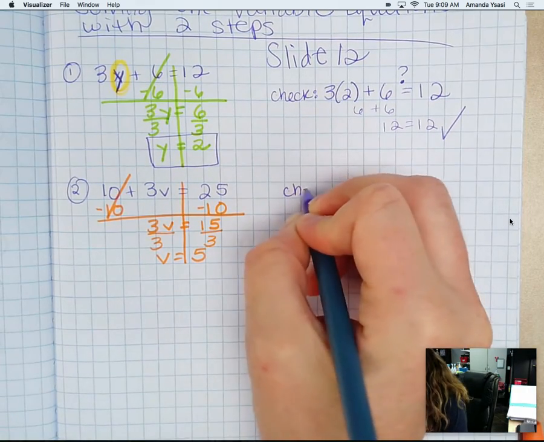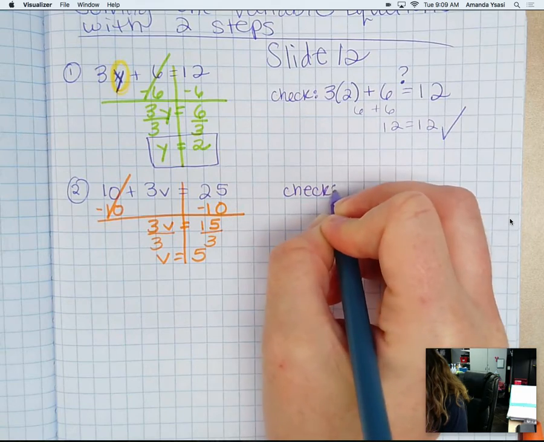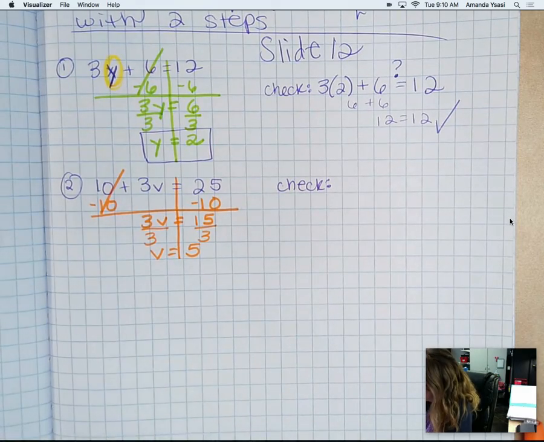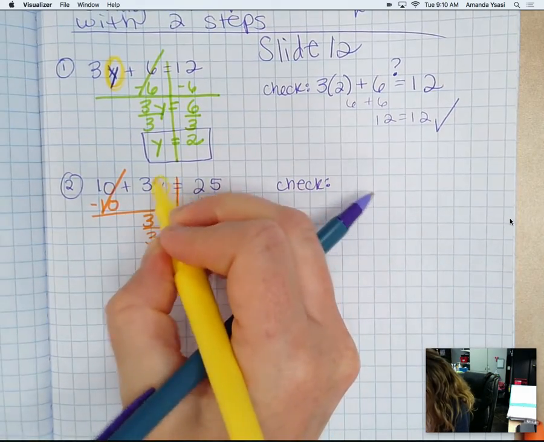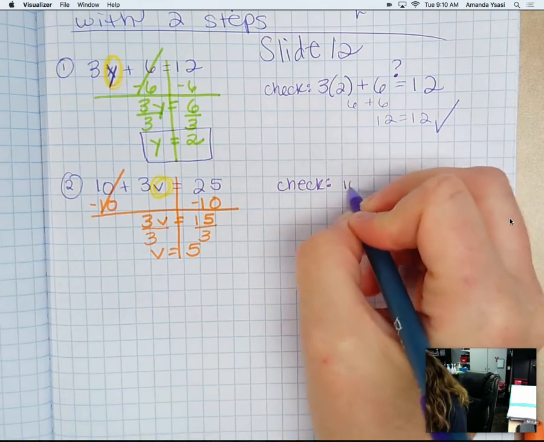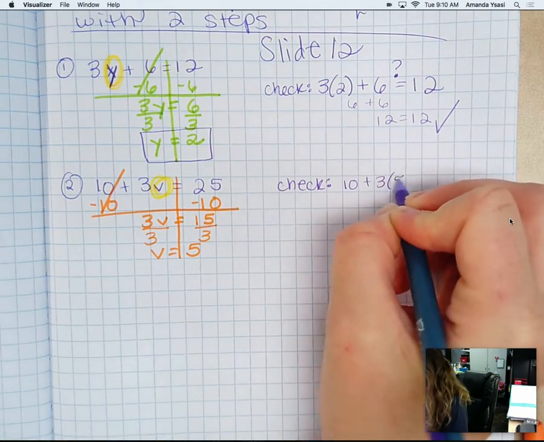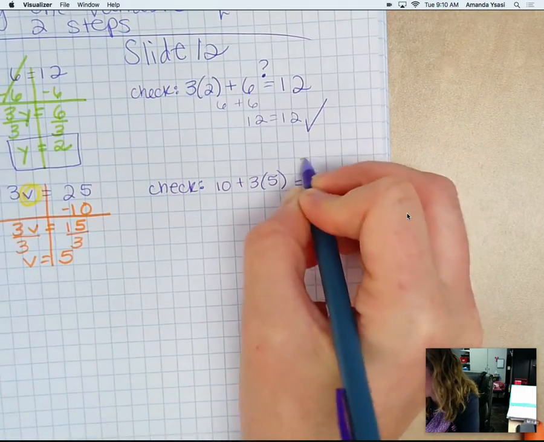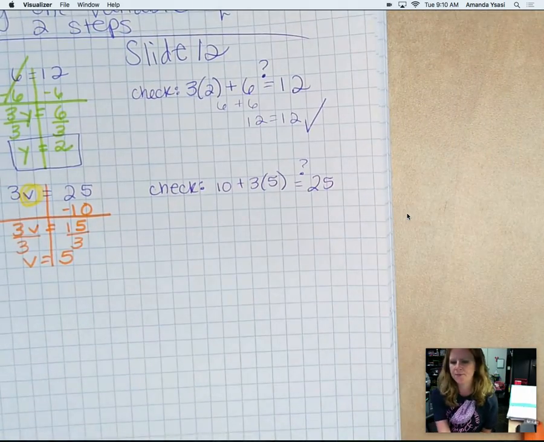But before I put a box around my answer, we need to check our work. So that means every time I see a v, I'm going to plug in the 5. So I'm going to do 10 plus 3 times 5 equals 25 with a question mark on top of the equal sign.